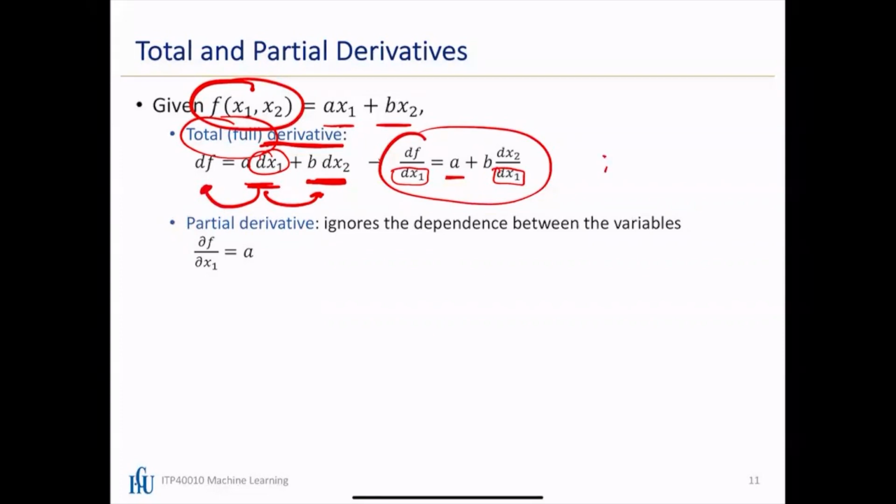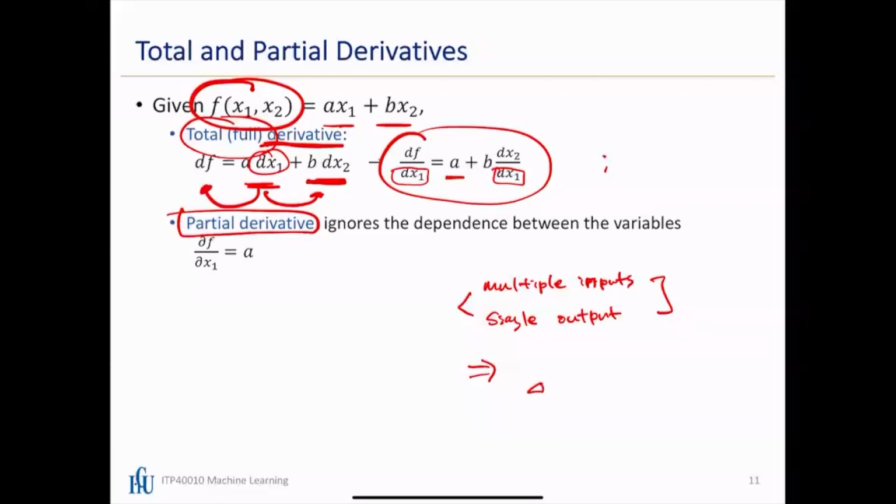But in machine learning, we use partial derivative much more. So partial derivative can be understood in this way. You have multiple inputs, and you have a single output. Given these two, you want to measure the ratio between the change in the output over the change in the input.